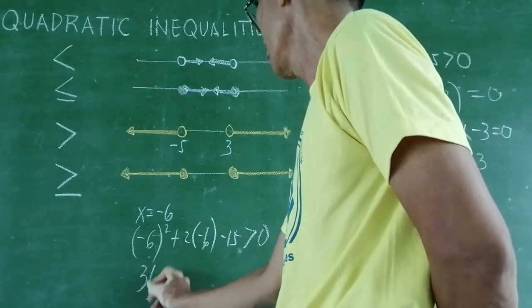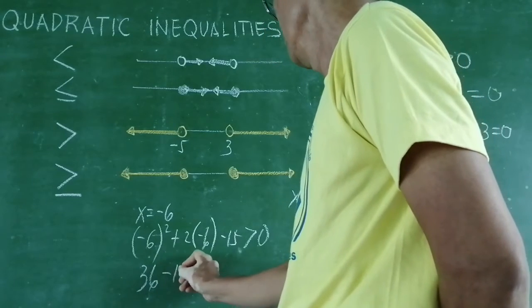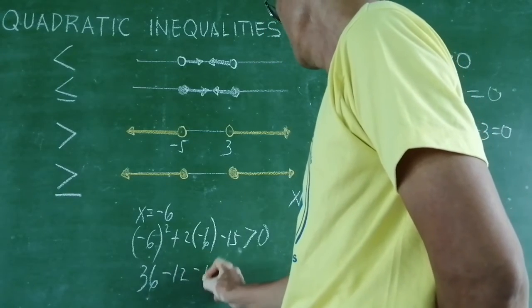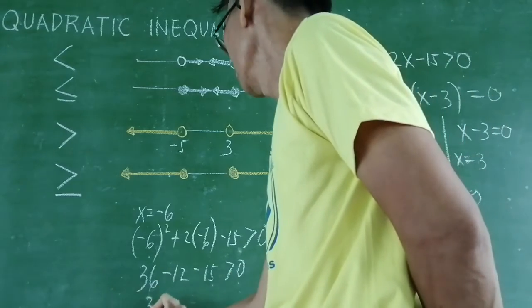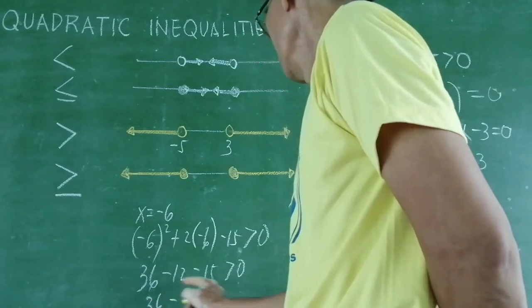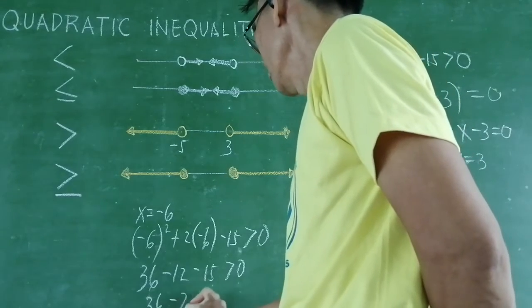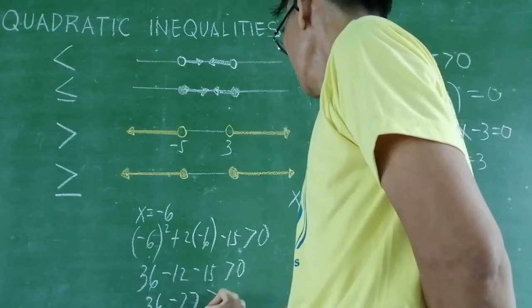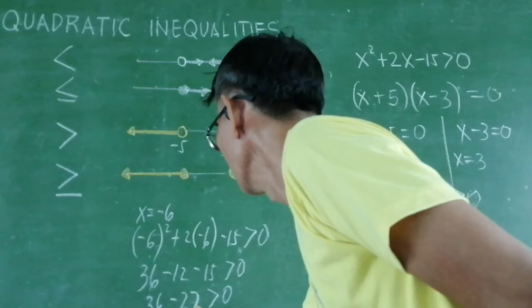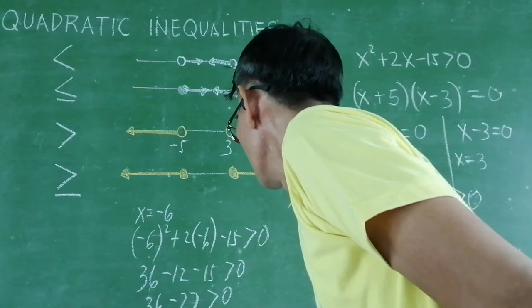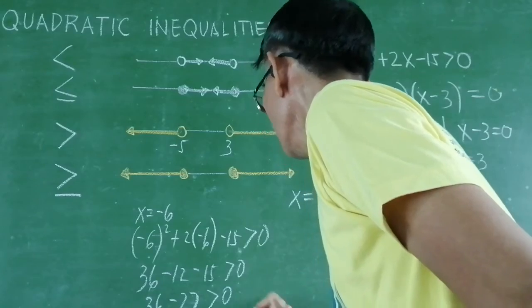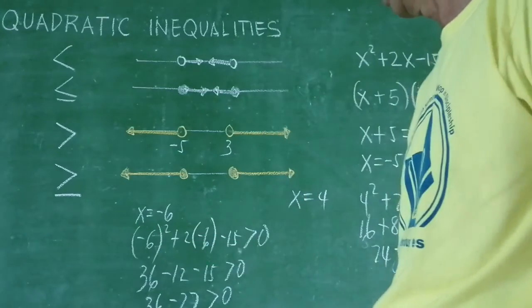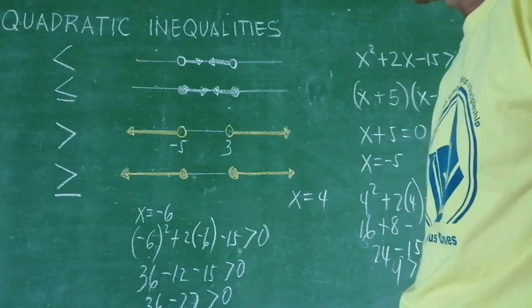So that will be 36 minus 12 minus 15 is greater than 0. So 36, combine the negatives, will be negative 27, so 9 is greater than 0, and that is true. So negative 6 is a solution to the inequality.